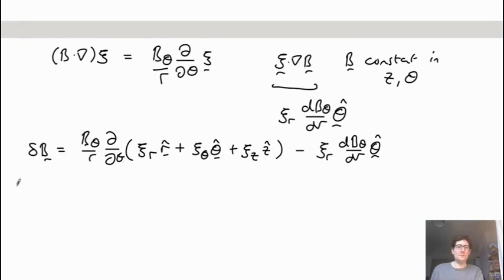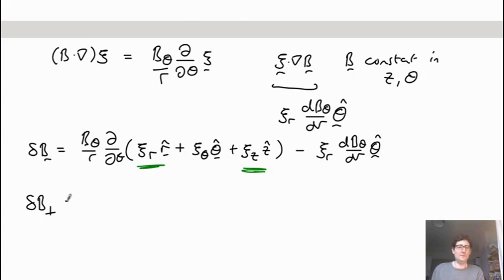What we want is the perpendicular component, delta B perpendicular, and the perpendicular part is this with all the components in theta removed. The part in theta is a parallel displacement, as is this. The only parts which are perpendicular displacements are this one and that one.